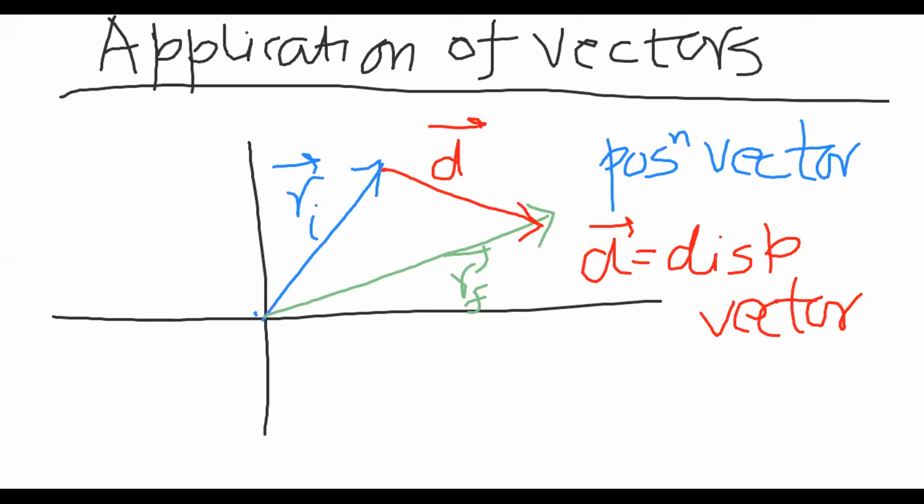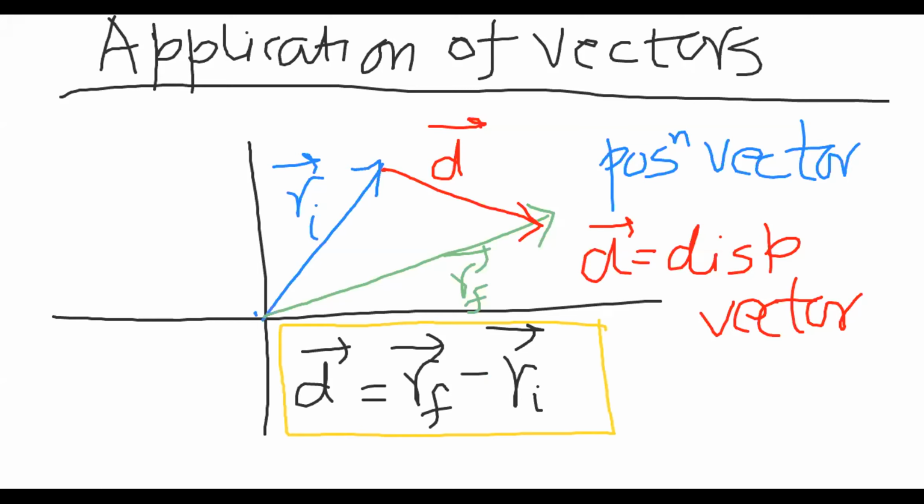हाँ, तो subtraction इसमें हो रहा है ना, दिखाई दे रहा है ना. D is equal to RF minus RI. So to find the difference between two vectors, all you have to do is draw the two vectors from the same point.